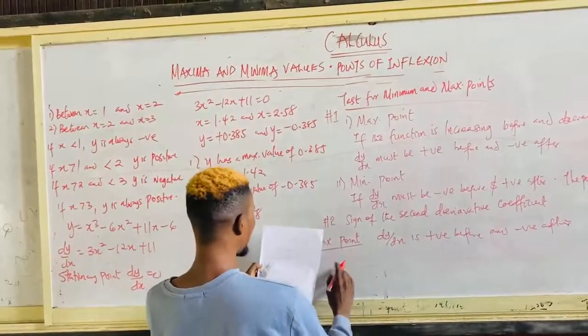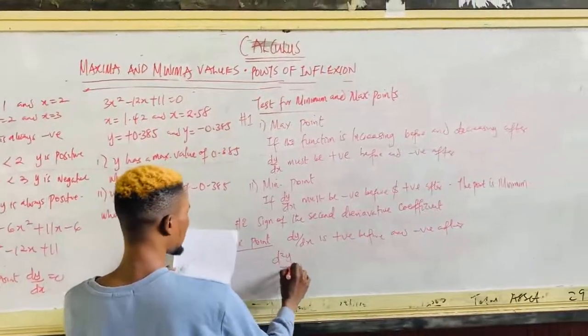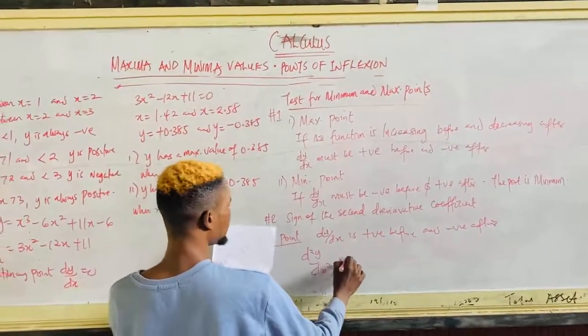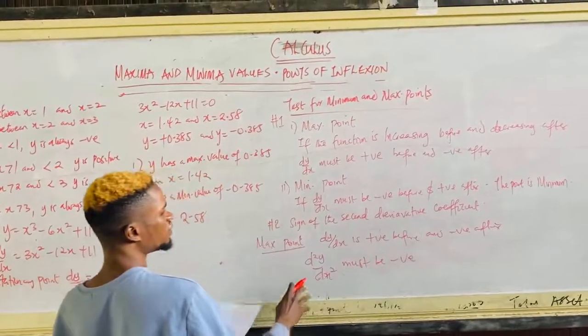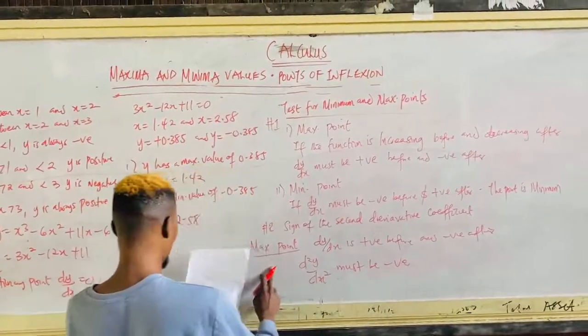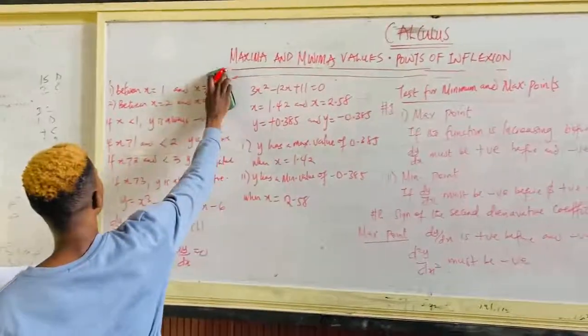At the maximum point, dy/dx is what? Decreasing. So that means d2y/dx squared must be negative. That's the second derivative coefficient. If it is negative, that means it is a maximum point.